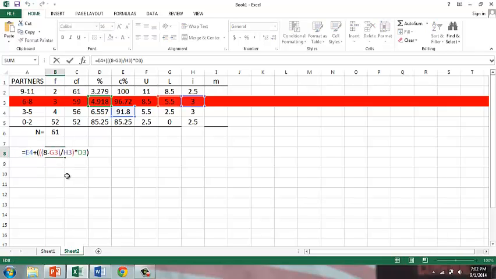If I double click on this equation again, you'll notice two things. One, the important terms from the table that I used have boxes around them, so I can check to make sure I used the right variables and the right scores.